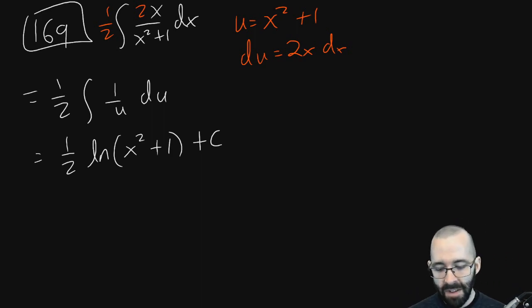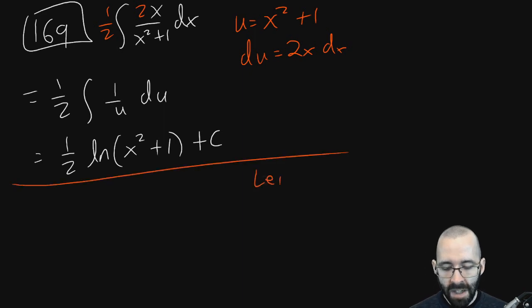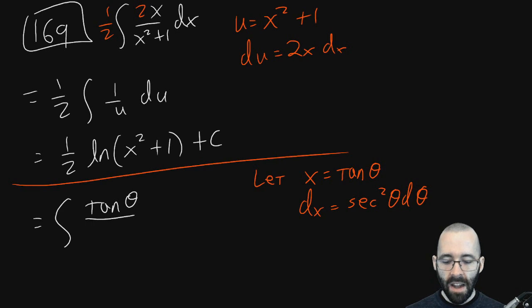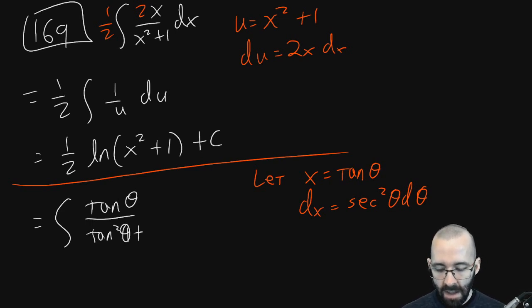So the second method would be to let x equal tangent of theta. And then dx is secant squared of theta d theta. And then our integral becomes the integral of x over x squared plus 1 dx, which is secant squared of theta d theta.